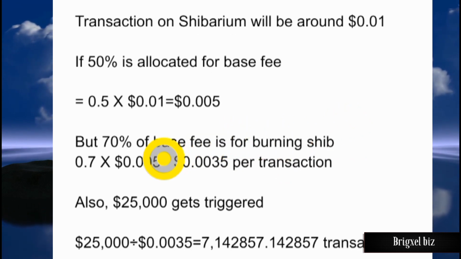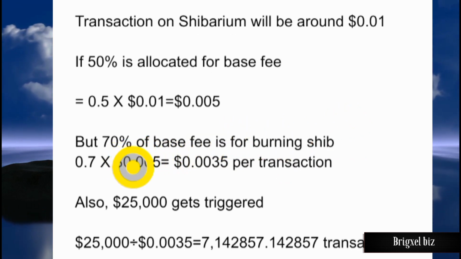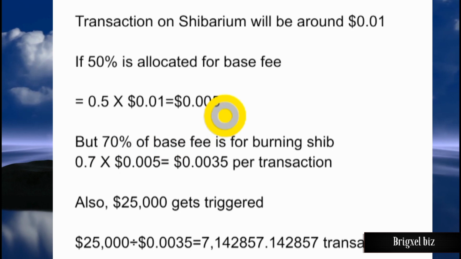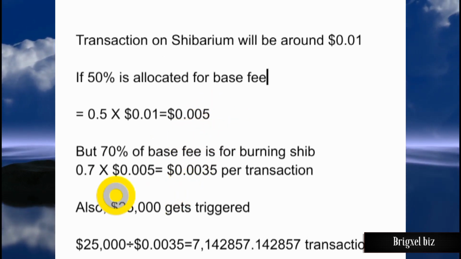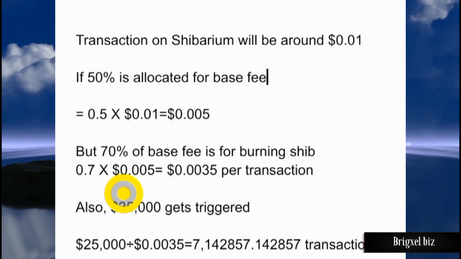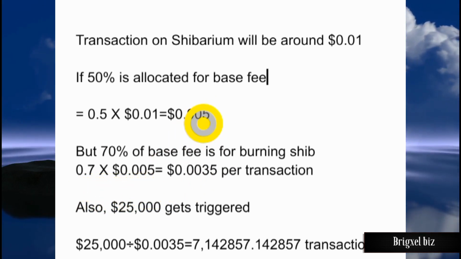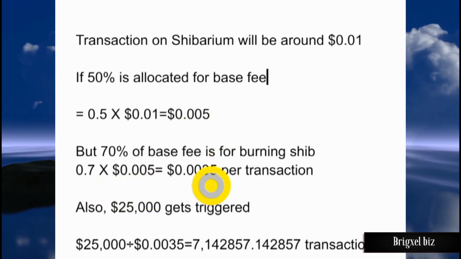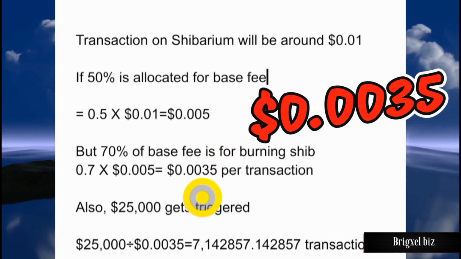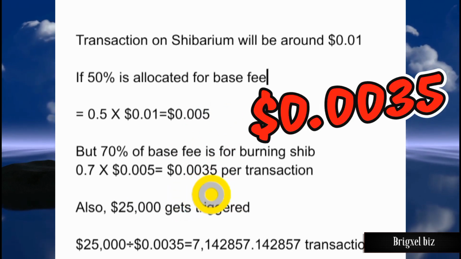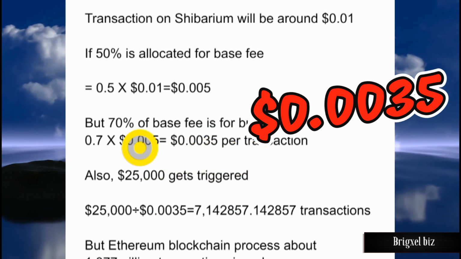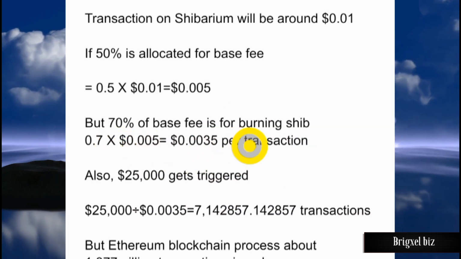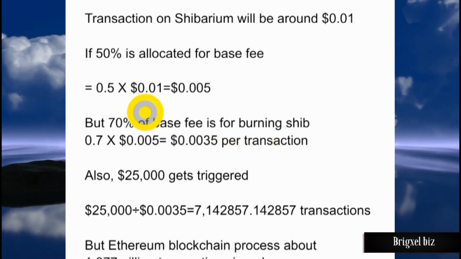We're more interested in the burning process. So 70% of this amount is going to be used for burning Shib. That means 0.7 times 0.005, which gives us 0.0035 per transaction. So per transaction you're going to be paying this amount for the base fee.